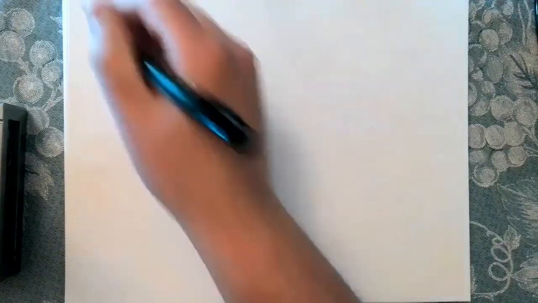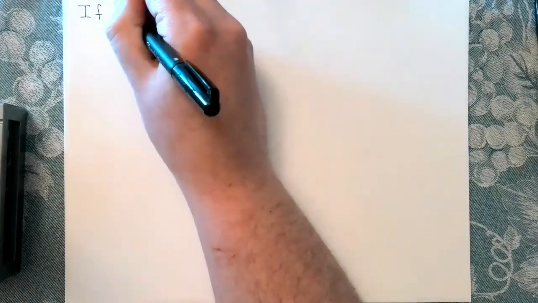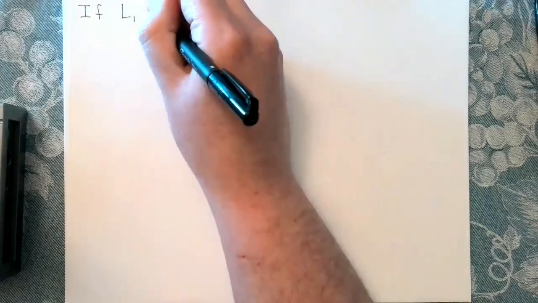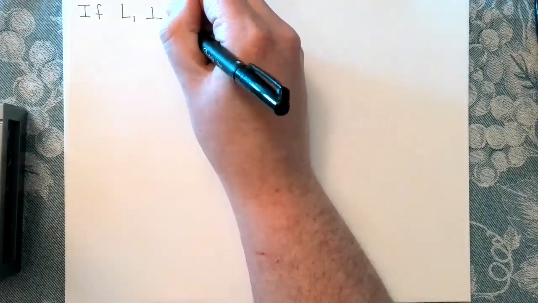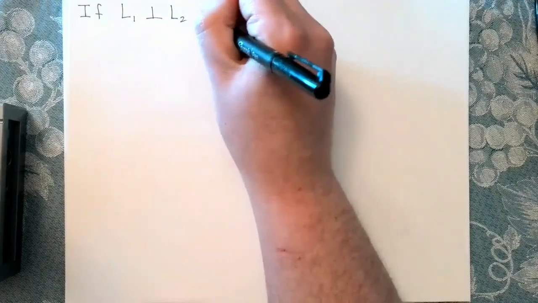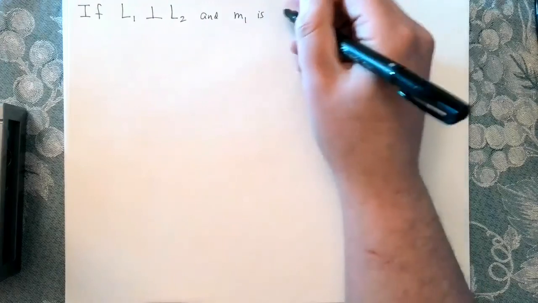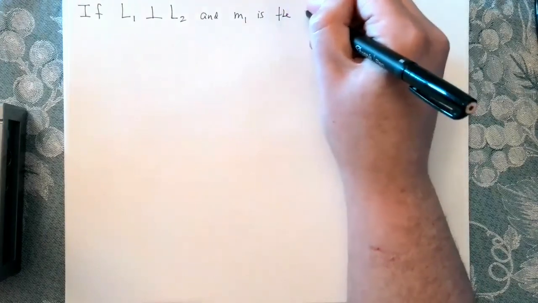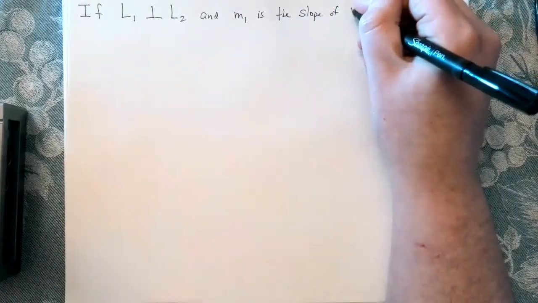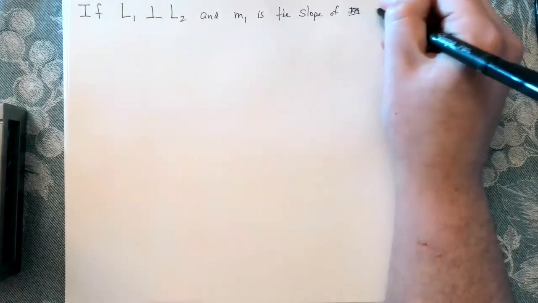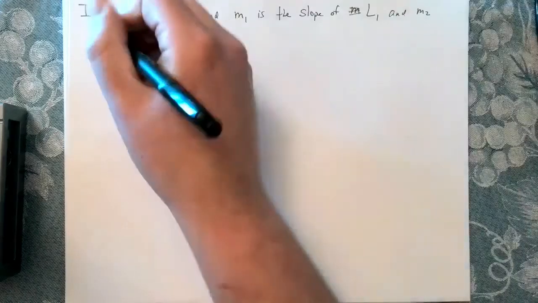So we want to say if L1 is perpendicular to L2, that means there's a right angle between them, and M1 is the slope of L1, and M2 is the slope of L2.